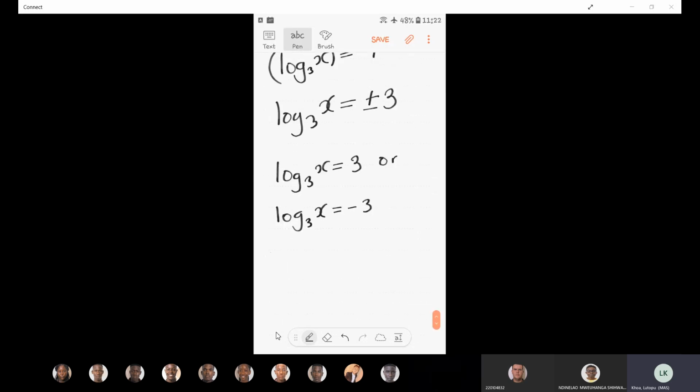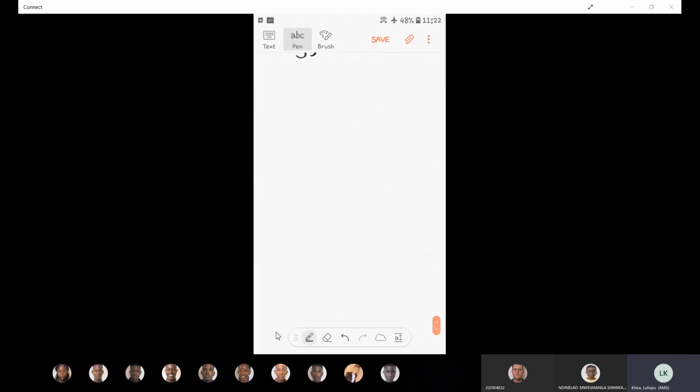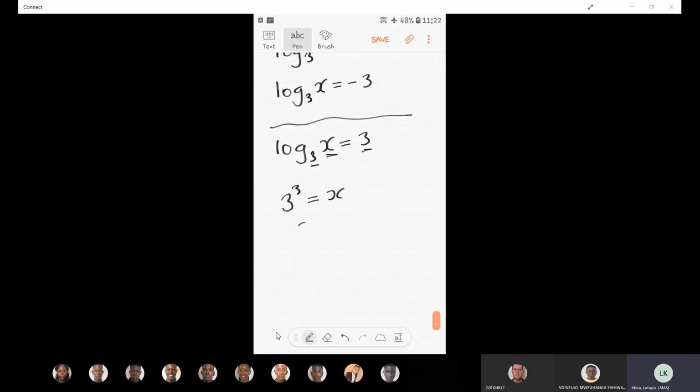Now from the first one, I have log base 3 of x equal to 3. Here I rewrite it in exponential form. It is base to the exponent is equal to the argument. So I have 3 to the power of 3. This is equal to x. This means x is equal to 27. That is my first solution.